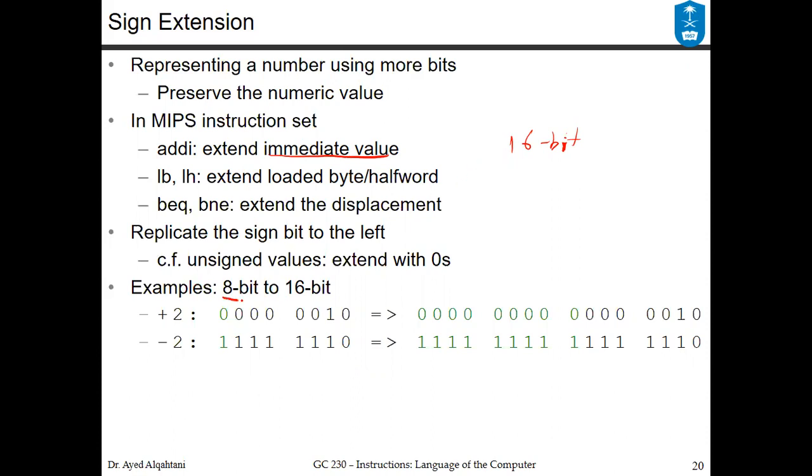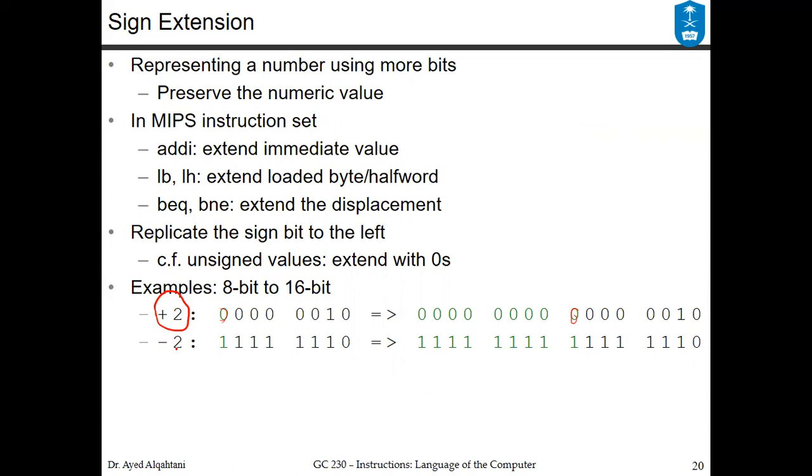If you want to get this 16-bit and then extend it to 32, or as the example suggested, if you have only 8-bit and you want to extend it to 16-bit, the way to do it for signed numbers, if you have positive 2, then you repeat the sign. We know that the sign is 0, you repeat it all the way.